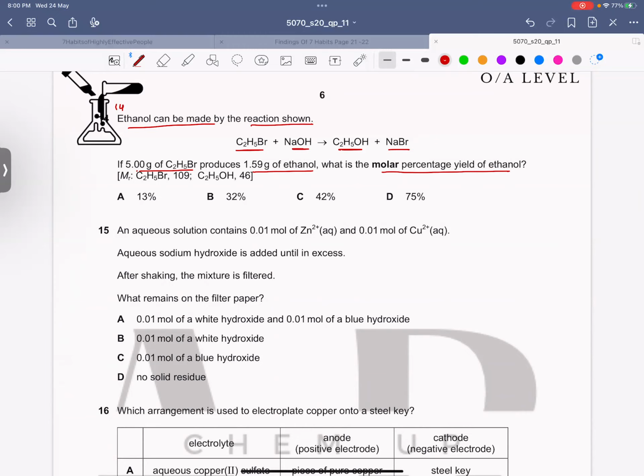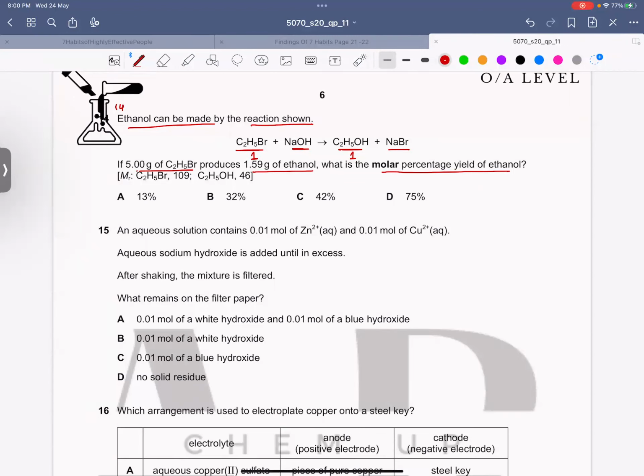If we look at the equation, we observe that 1 mole of bromoethane produces 1 mole of ethanol. They are asking for the molar percentage, so just convert these into moles first.